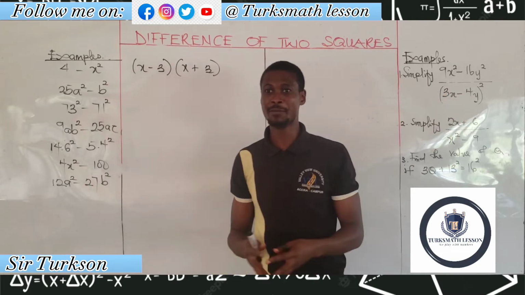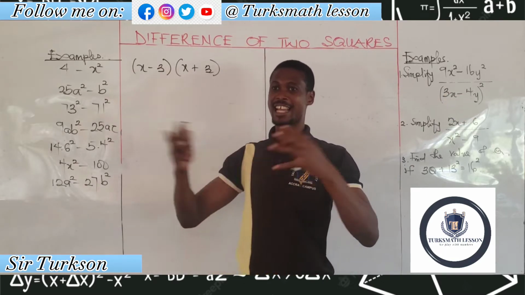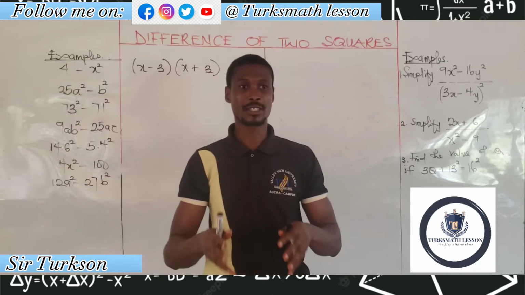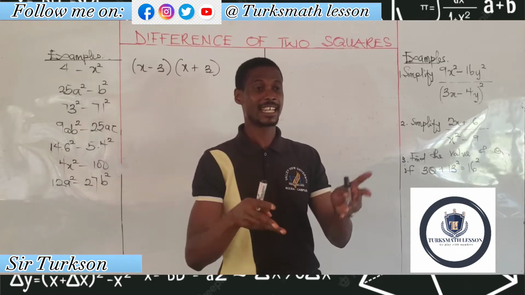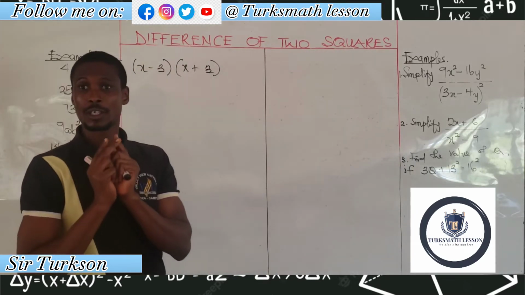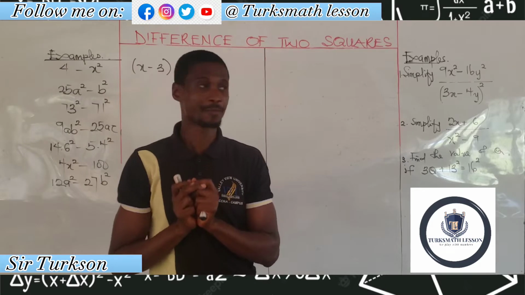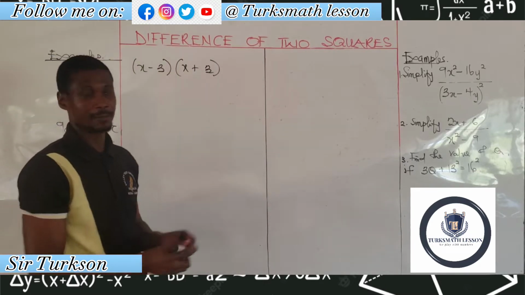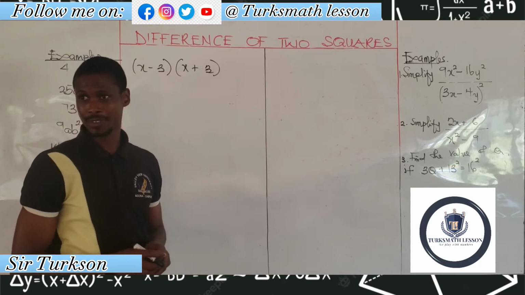Very good. And the last one is the box method. So we use 3 methods in solving multiplication of two binomials. Now let's see whether we can use any of these methods to work this one out.